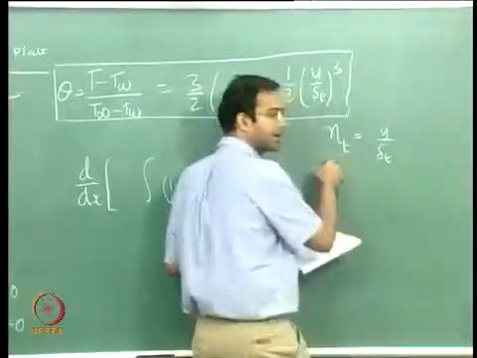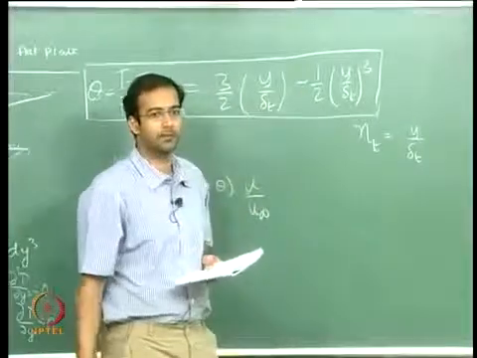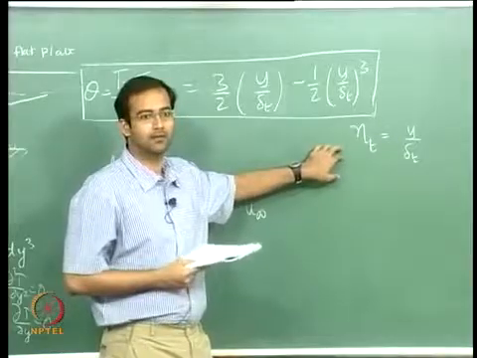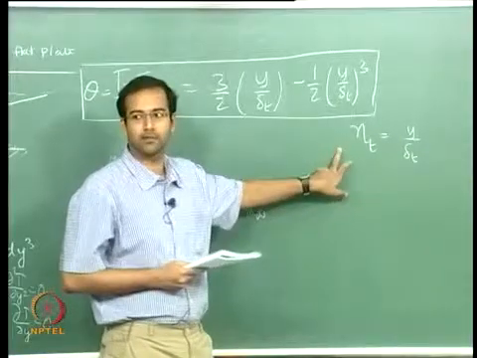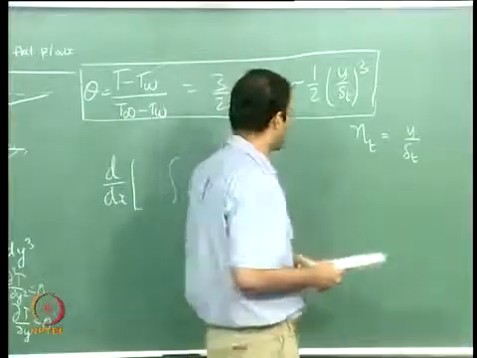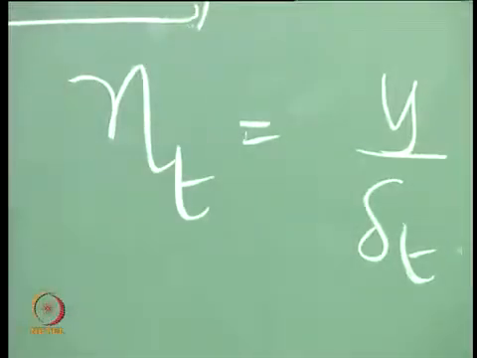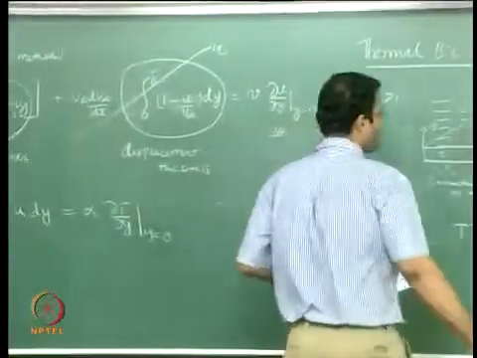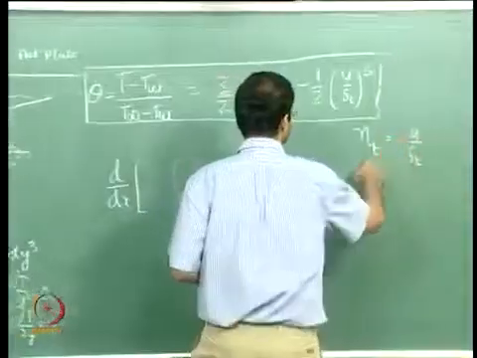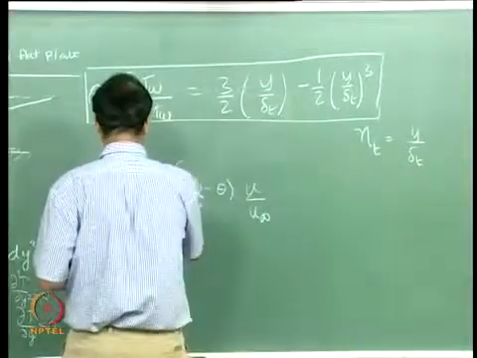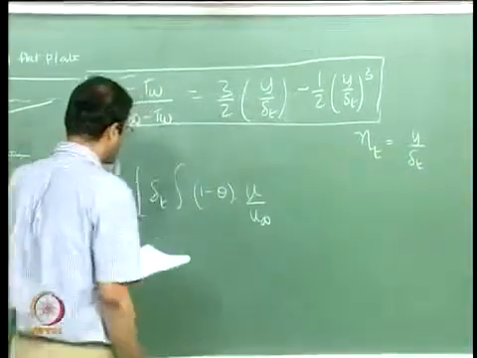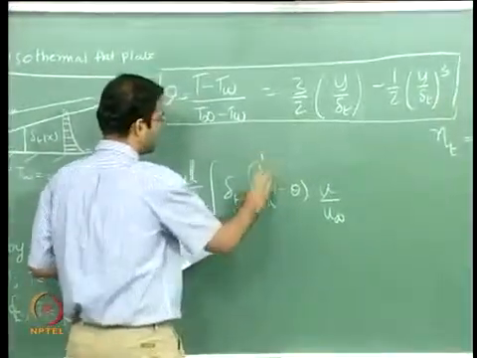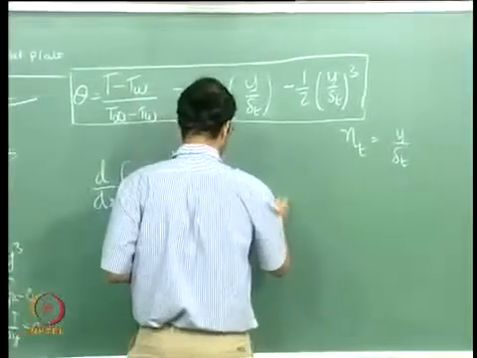This is not the similarity variable, it is just some notation that I am giving here. Coincidentally, for the similarity solution the similarity variable is also related as y by delta t. So I am just transforming in terms of eta. So this will be dy by d eta into d eta. dy by d eta is nothing but your delta t, which will come out, and the limits of the integral 0 to delta t will now become 0 to 1. So you have d eta t.